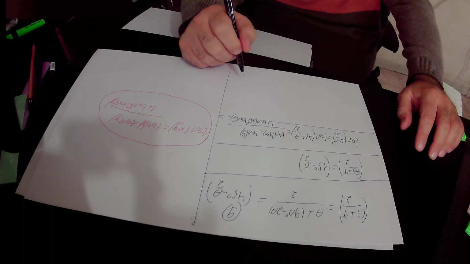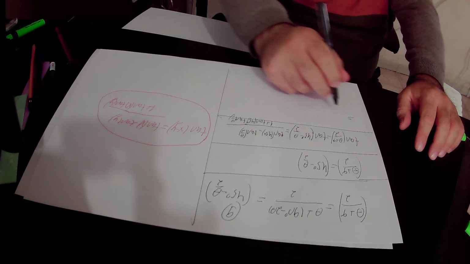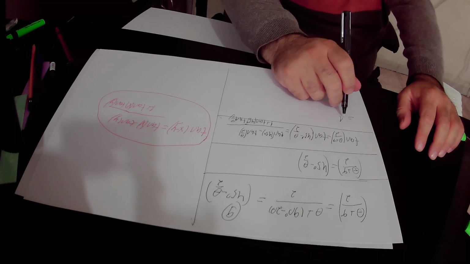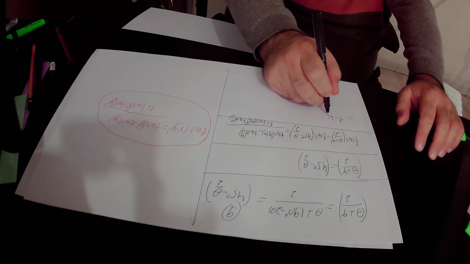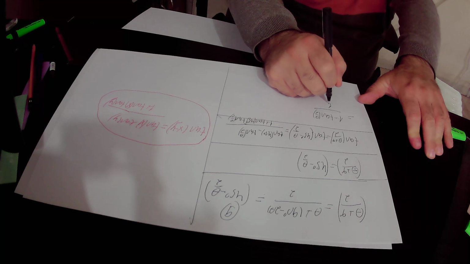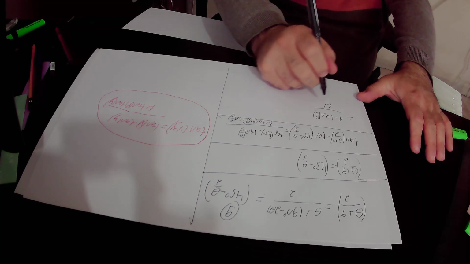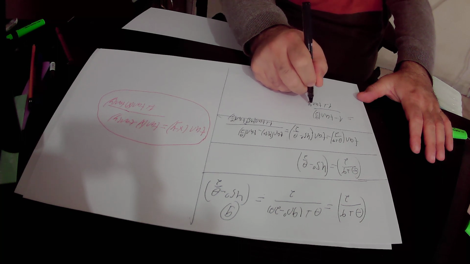Okay, so we know that tangent 45 degrees is equal to 1, so it is 1 minus tangent theta over 2 over 1 plus tangent theta over 2.